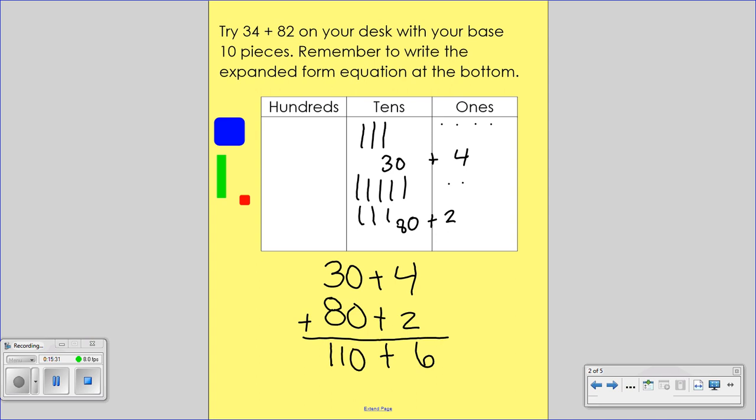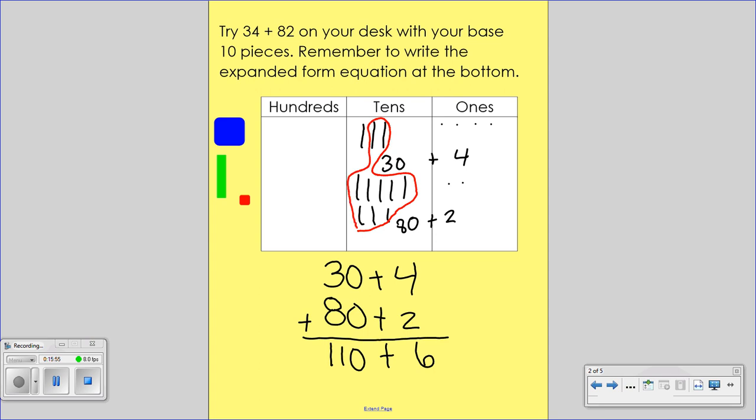Now, with my pieces, could I make a trade? Natalie, now we can make a trade. What can I trade out? You can trade 10s, 10s, beautiful, for 100. Here's 8, 9, 10.